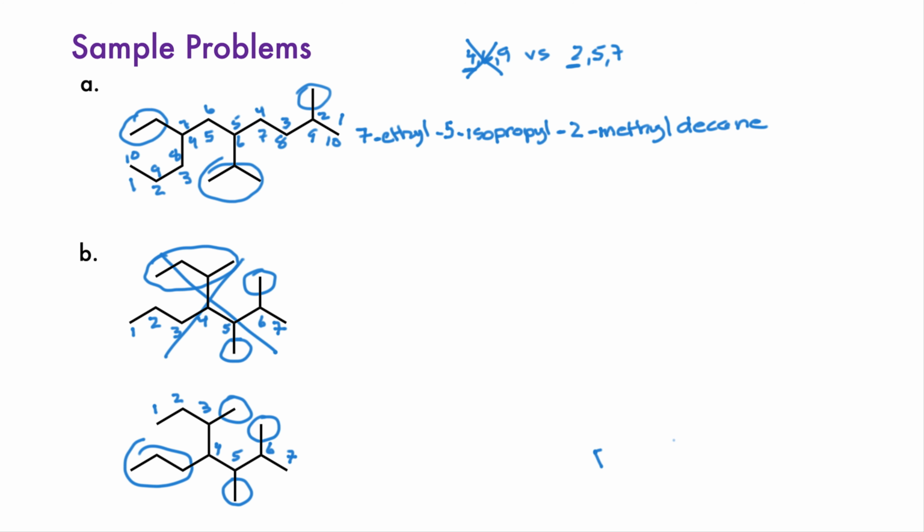The substituents are trimethyl and propyl. Trimethyl comes first in alphabetical order because the M in trimethyl beats the P of propyl. Finally, we need to number correctly, so let's number in the opposite direction too.